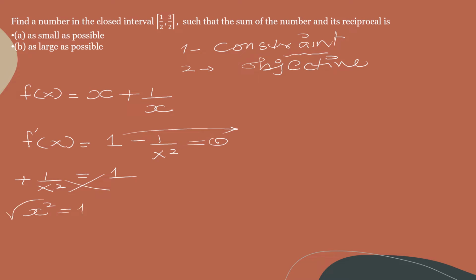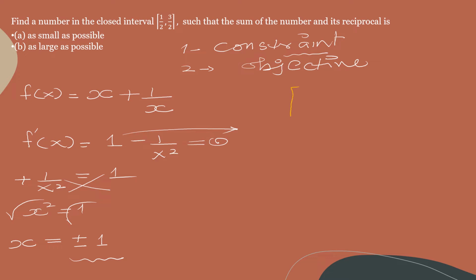Now take the square root on both sides. On taking the square root, we will get x equals positive and negative 1. Now here we got two numbers, x equals plus 1 and x equals negative 1. Now have a look over here.